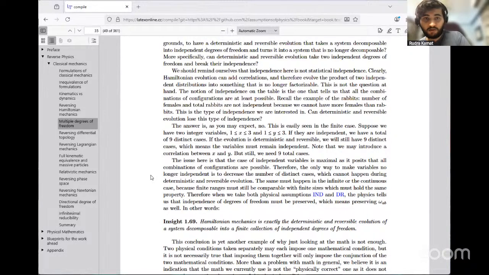The notion of independence on the table is the one that tells us that all the combinations of configurations are at least possible. Recall the example of the rabbits. Number of females and total rabbits are not independent because we cannot have more females than rabbits. This is the type of independence we're interested in. Can deterministic and reversible evolution lose this type of independence?